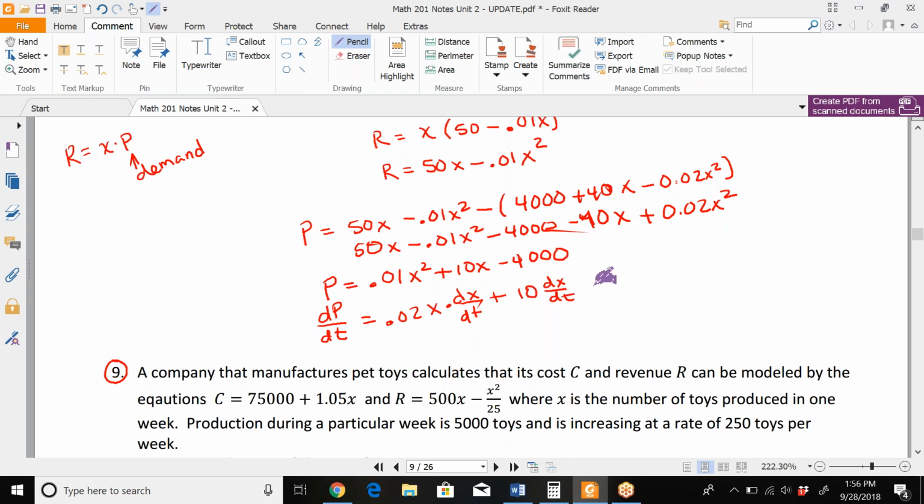So now all we're doing is we're going to plug in the x was 800 and the dx dt was 25. So 0.02 times 800, because that was x, dx dt is 25. And then plus 10 times dx dt, which is 25. Okay, so we're going to work this out.